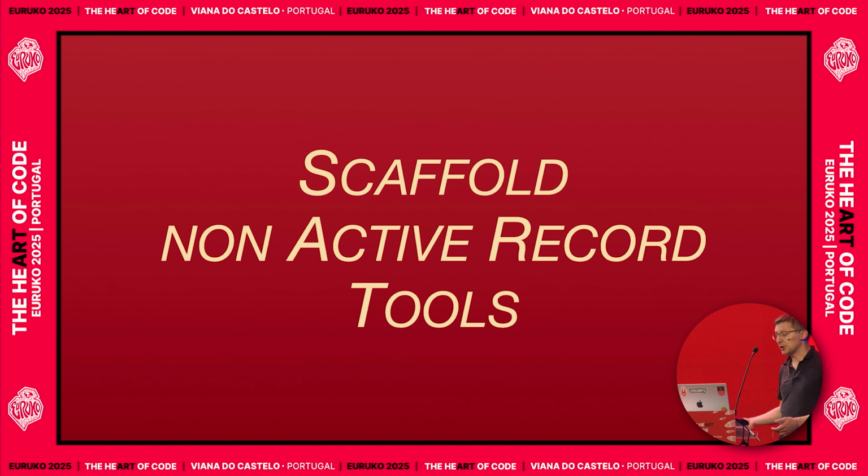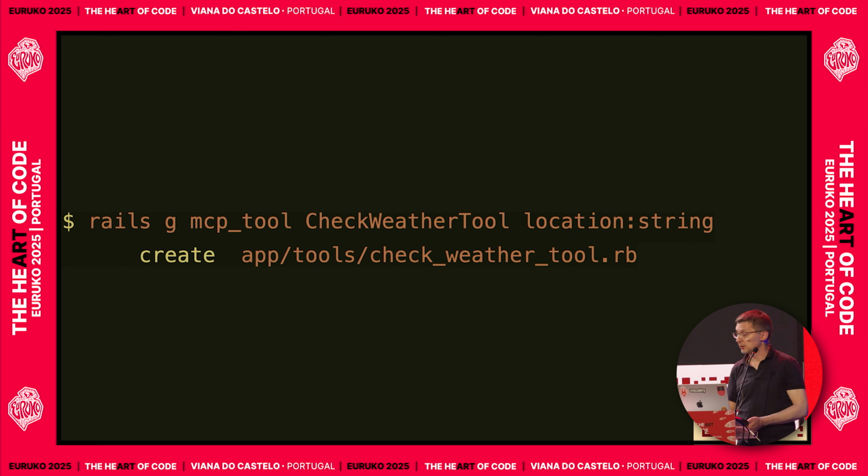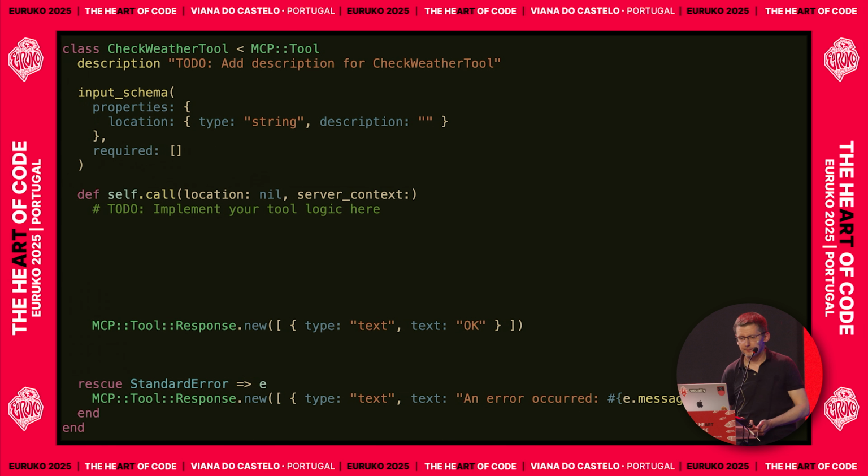But as I mentioned, not every tool has to or should come from Active Record behavior. So let's scaffold a weather check tool. Just an example. I've mentioned that there is another MCP tool generator, so we can use it with a simple instruction. When we run it, we get a single file. And it looks like this, without white space, of course.